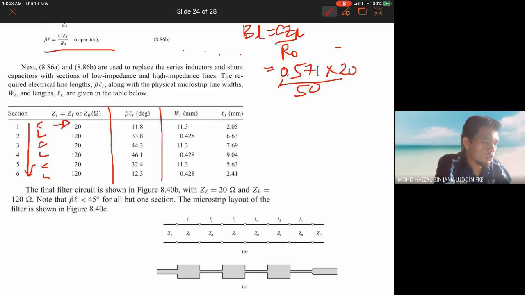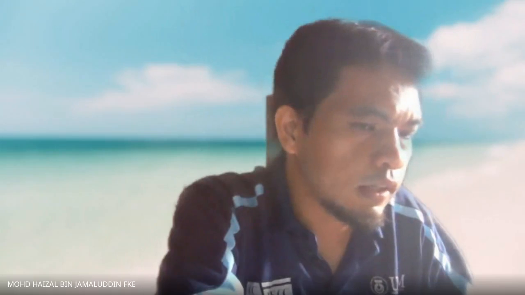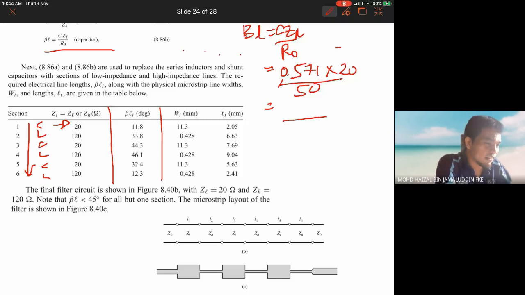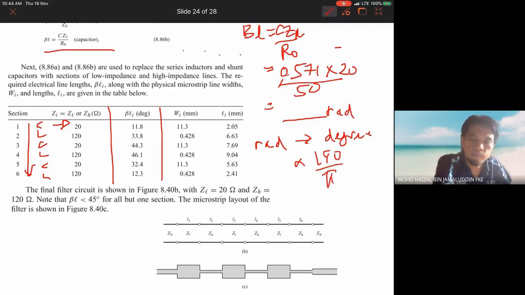This value is in radian, so you need to convert from radian to degree. How do you want to change it? You need to multiply with 180 degrees divided by pi, in order to convert it into a degree.